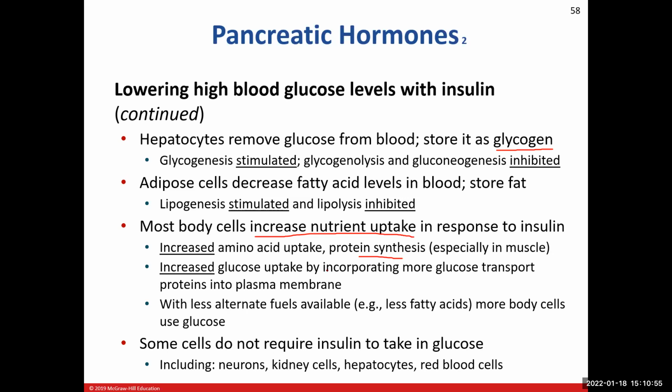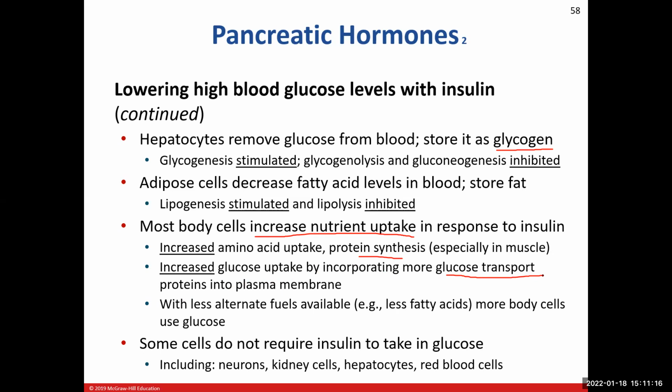We'll also see, with insulin, an increase in glucose uptake by making more of these glucose transporters. Glucose transport proteins are going to shuttle glucose across the plasma membrane. Glucose is too big to go through the plasma membrane on its own, so it needs a little bit of help.